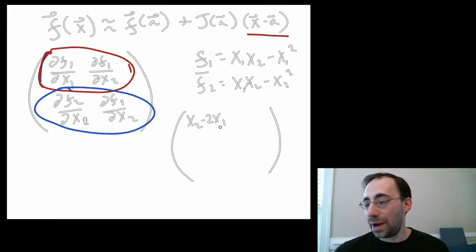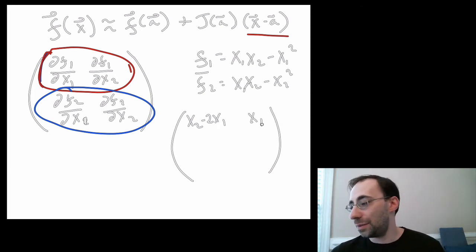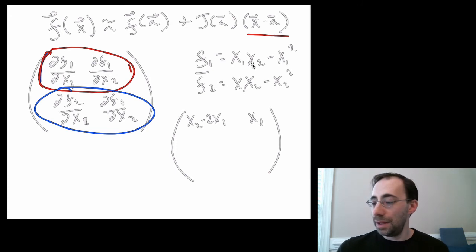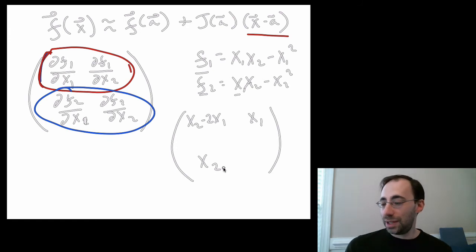The next one upper right is going to be df1 dx2, which is just x1, because everything else is constant, and the only x2 is actually in the first term. df2 dx1 is going to be this one with respect to x1. The only x1's over here, so this is x2. And the last one is df2 dx2.